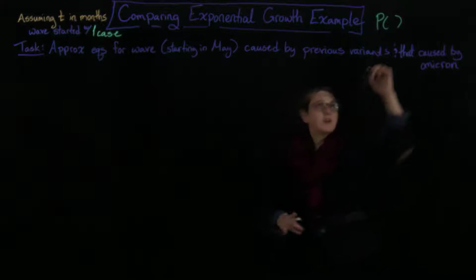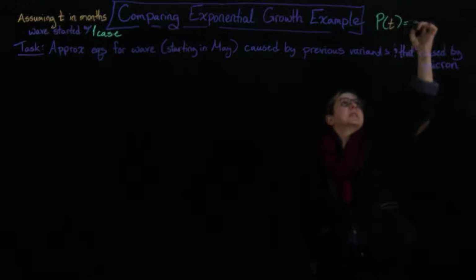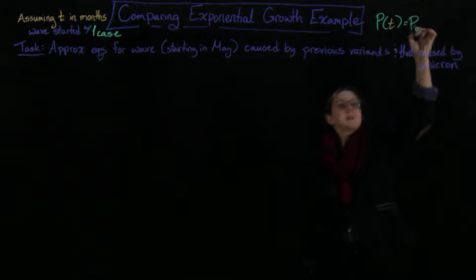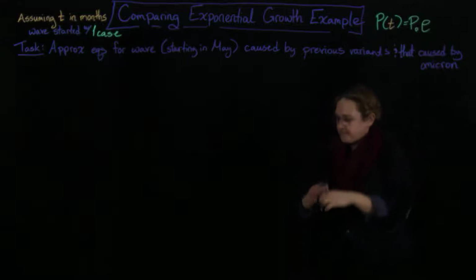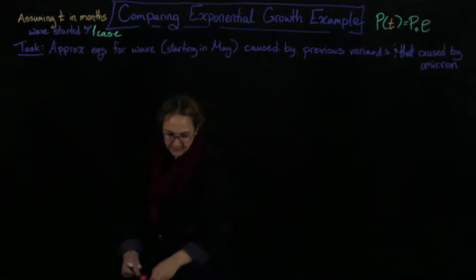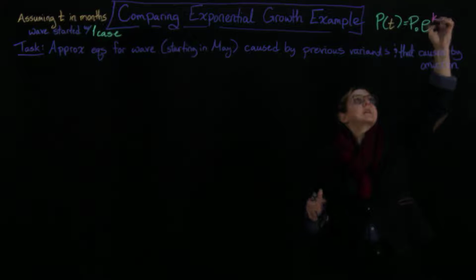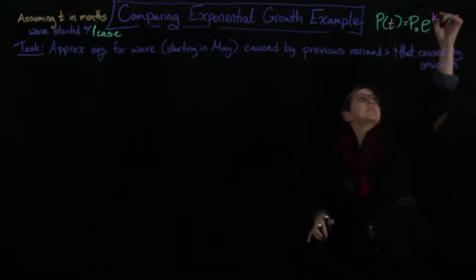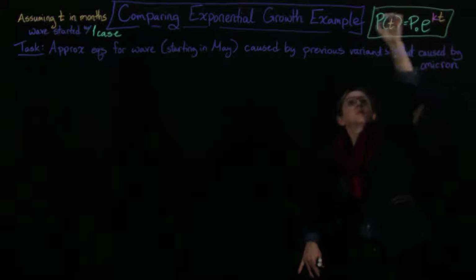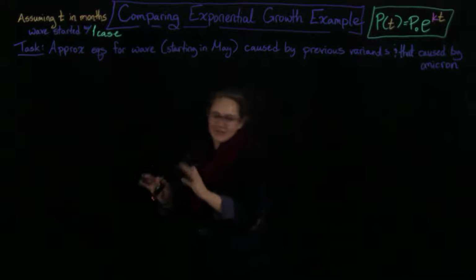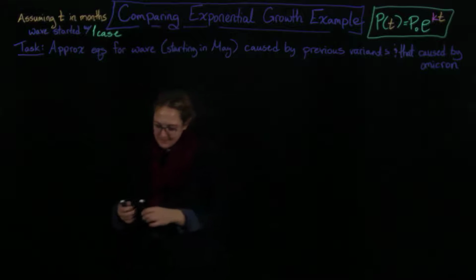So we're going to assume P equals P naught, our P initial, times e to the kt, where k is our growth constant, which we have to figure out. This is the equation we'll assume holds, more or less in the early stages. It doesn't continue to hold forever, but it's a reasonable approximation.